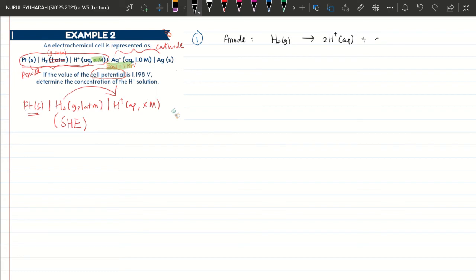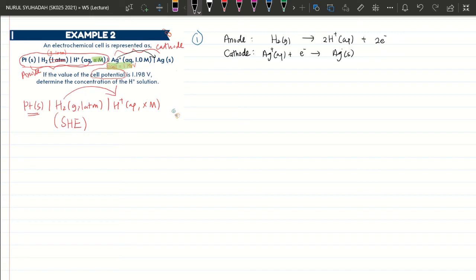So this is the anode. And then at cathode, we will have the reaction from silver plus to silver solid. So Ag+ aqueous plus electron to produce Ag solid.